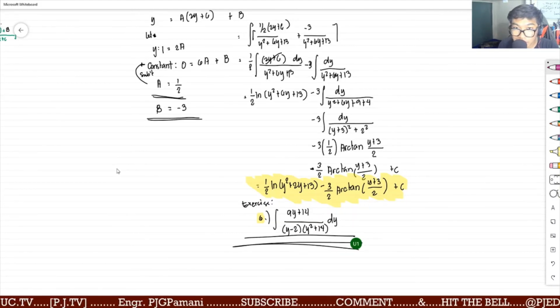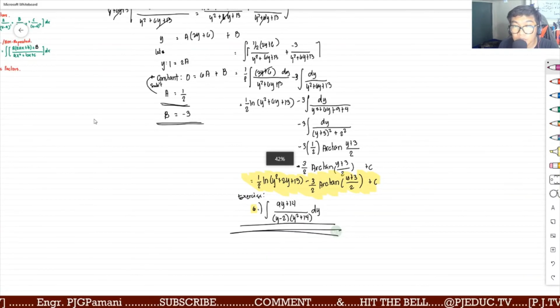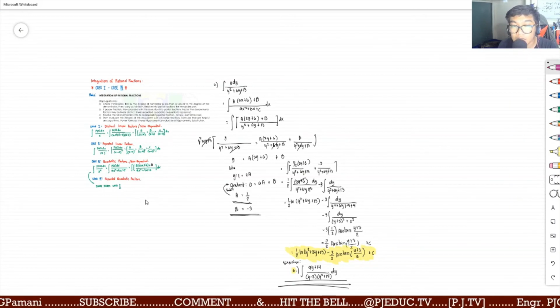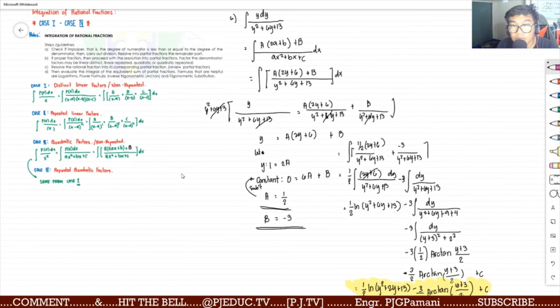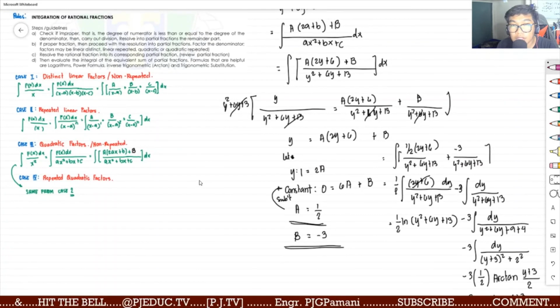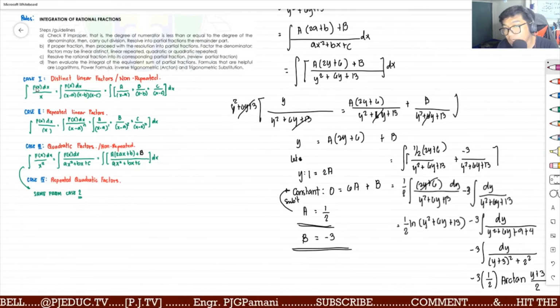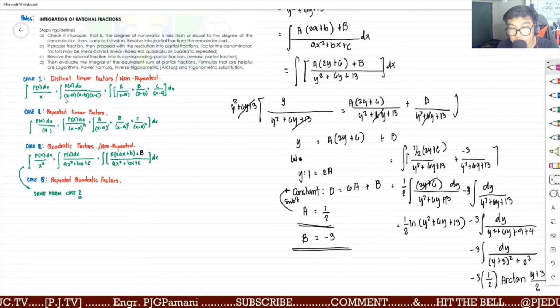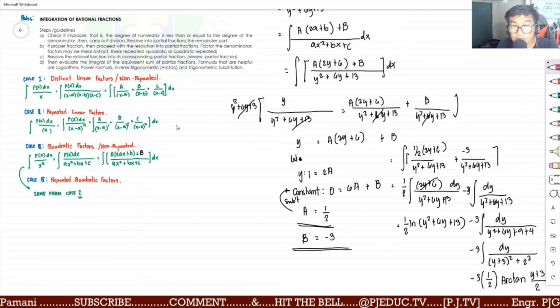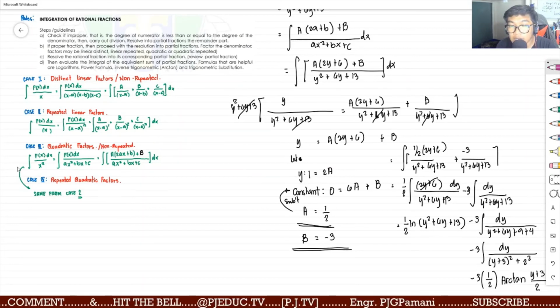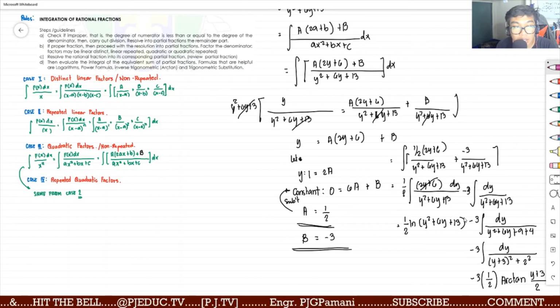So, yan lang naman ang rational fraction. So, pag repeated quadratic, gayahin nyo lang yung case number 2. Then, if it is linear factor, case number 1. Repeated linear factor, case number 2. Expand, use method 2 and method 3 in solving for the partial fraction. And for quadratic, ganyan lang naman, expand mo and use most likely method 3 in solving for the partial fraction.